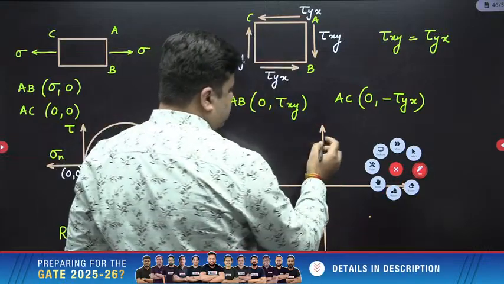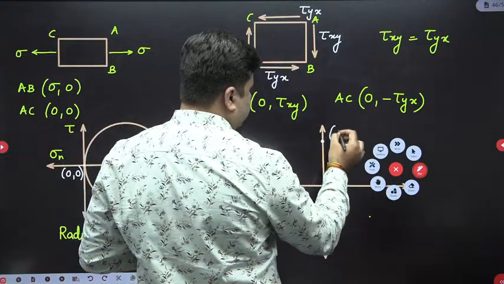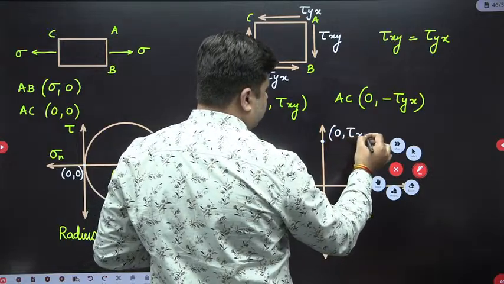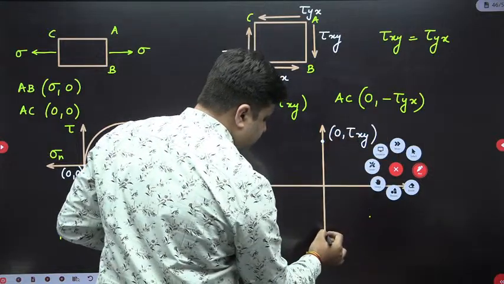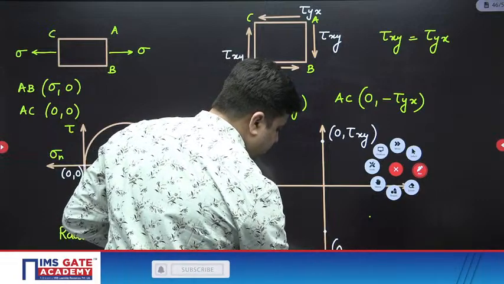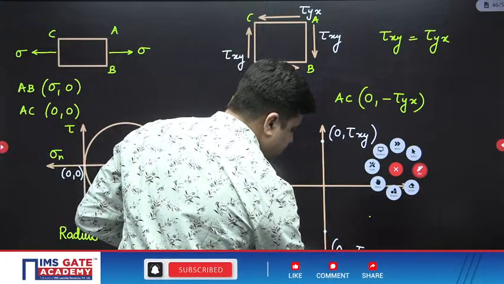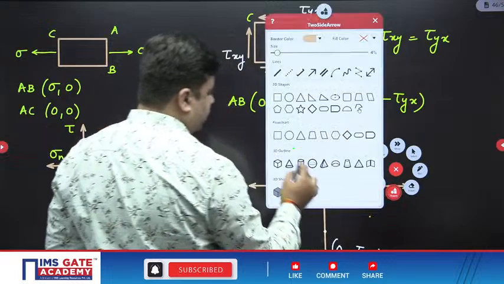These are the 2 points. This is 0 comma tau xy, and this will be 0 comma minus tau yx, and both of them will be equal and opposite.